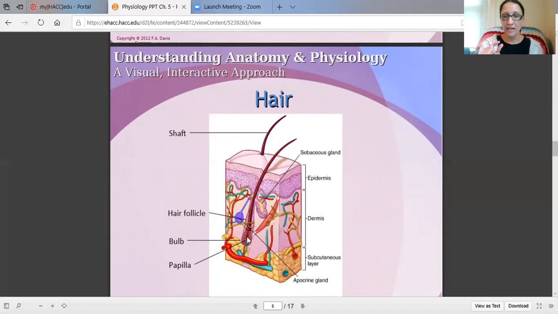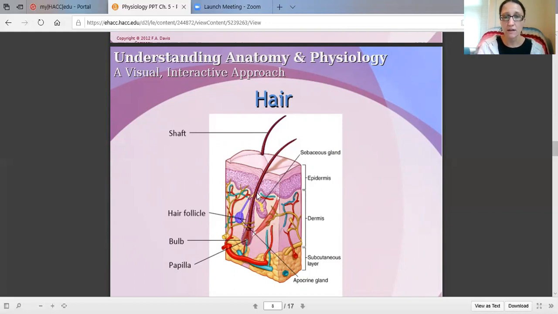That little tiny area is the only area of the hair that's alive, because that is where the cells undergo mitosis. And as they undergo mitosis, they push up and out. But they are filled with keratin and melanin.